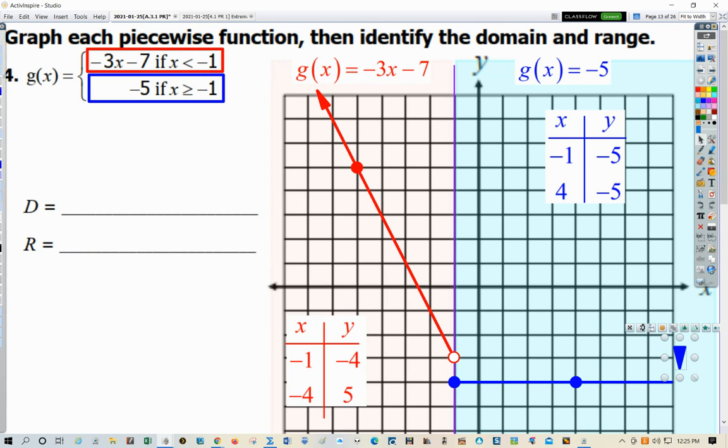Or an arrow on the end, sorry. Oops. There we go. And that's what it looks like. There's my graph. But using those t-tables, I'm only picking values in the blue domain and the red domain. It's a lot quicker. Okay, give me a 1 to 5 on that. Does that make sense?